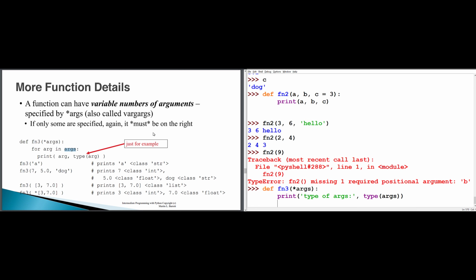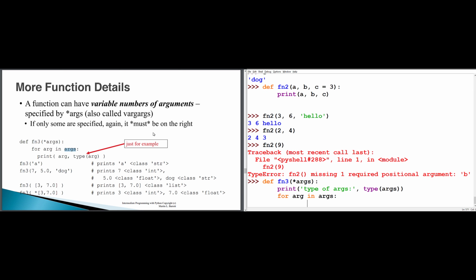Because it's a tuple, it's a collection, I can iterate through it by saying for arg in args, print arg and the type of the particular arg.